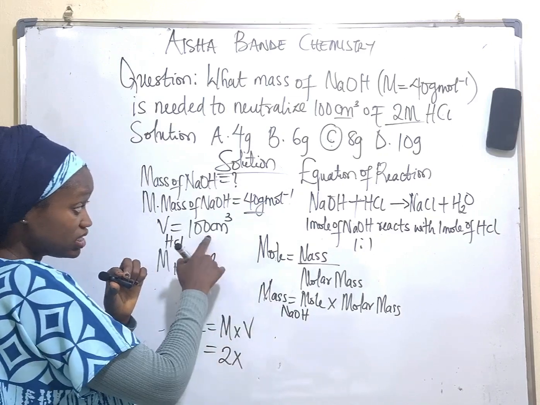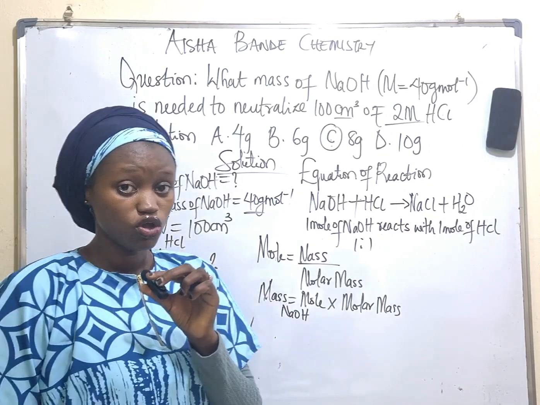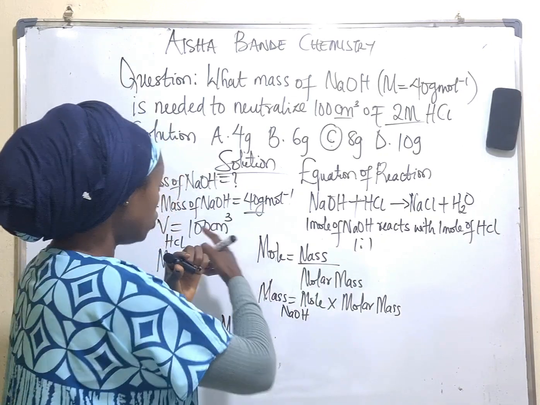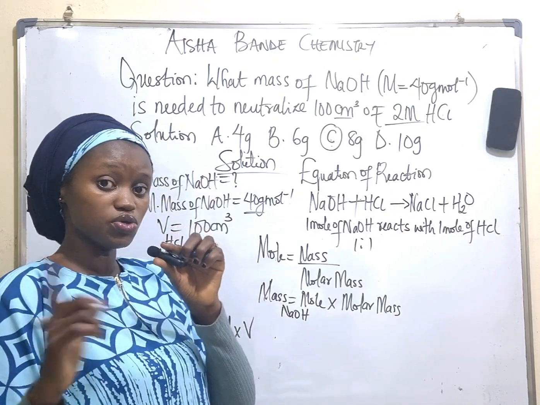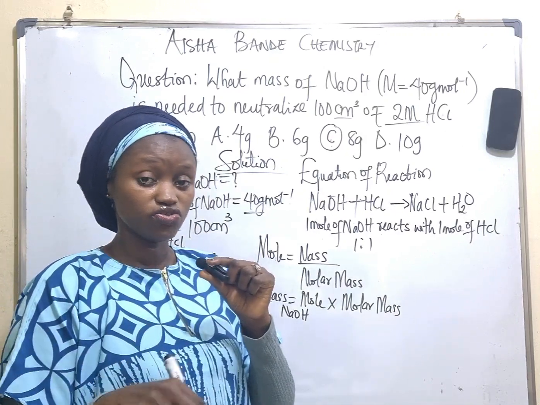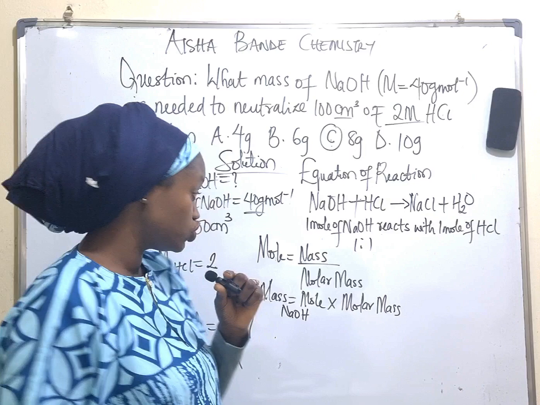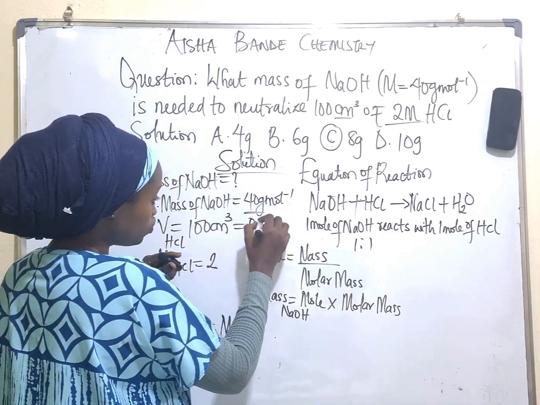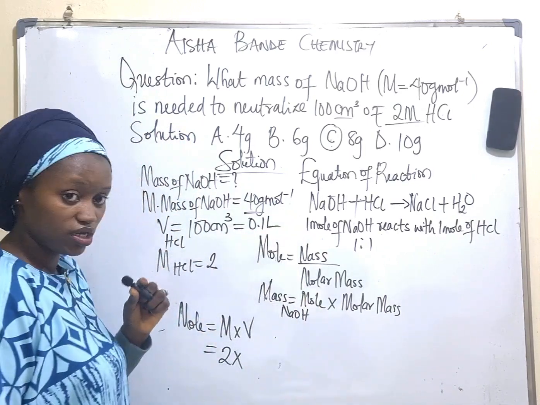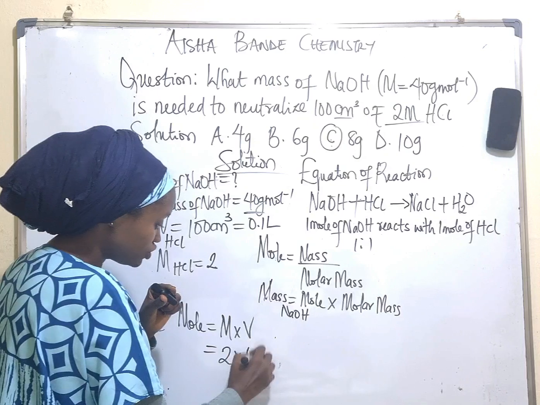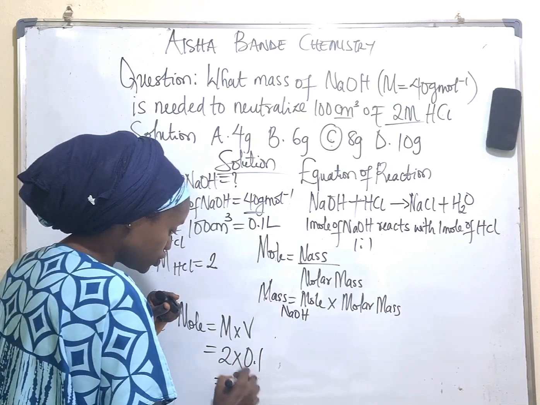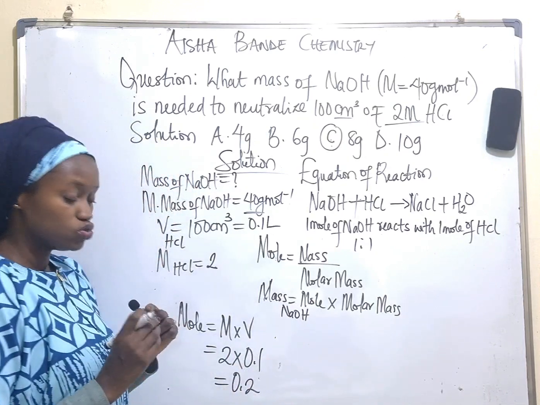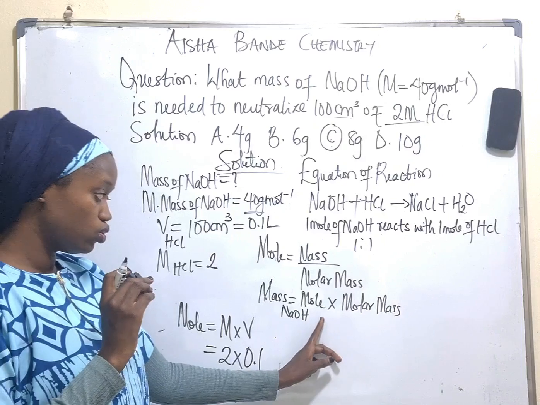The volume given in this question is in centimeter cube, so we have to change it to liters. 100 centimeter cube to liters means we divide by 1000. 100 divided by 1000 will give us 0.1, so this is equal to 0.1 liters. So here this becomes 2 times 0.1, which is equal to 0.2.